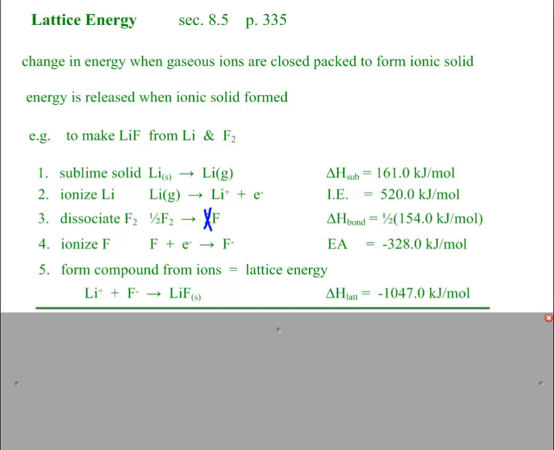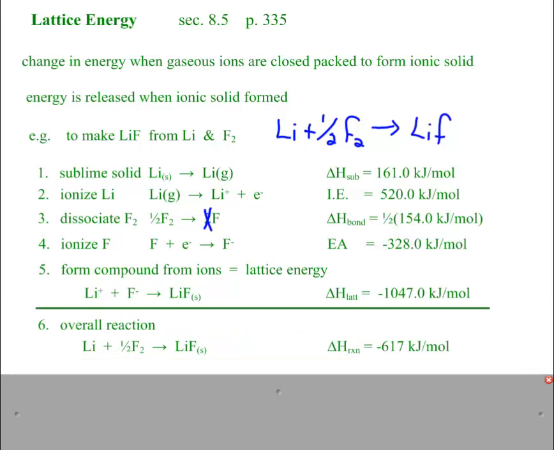So if I want to figure out what is the total amount of energy in lithium plus half a mole of fluorine going to lithium fluoride, I'm simply going to add up all these 5 steps and find out what is the total amount of energy involved in going from the elements to the ionic compound. So there's my overall reaction, there's the overall energy.